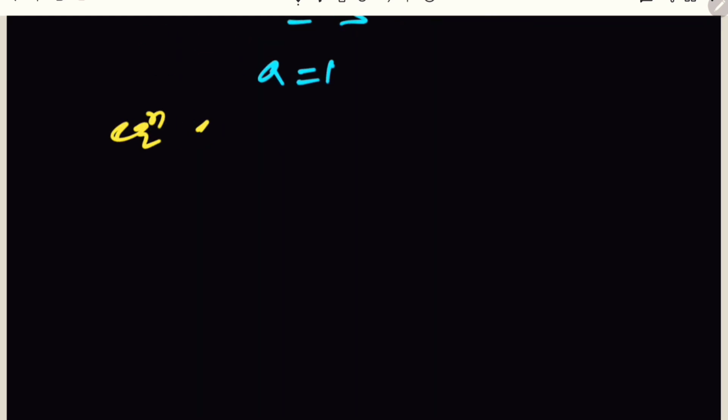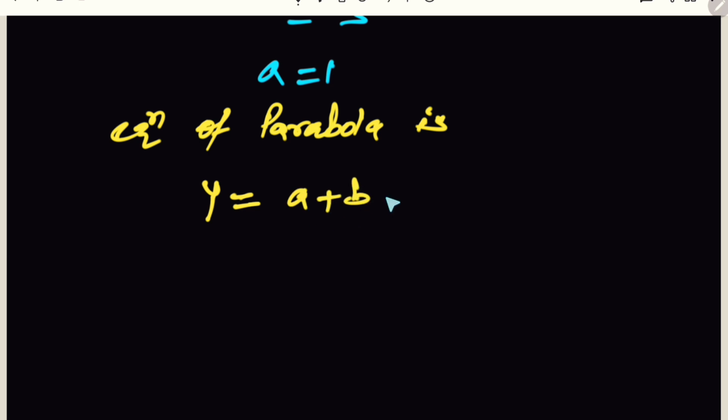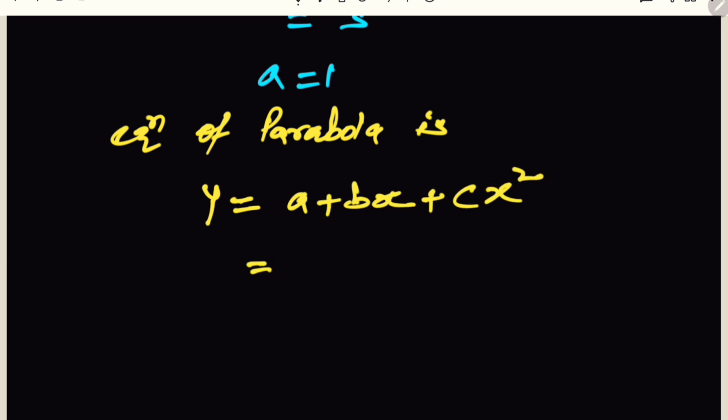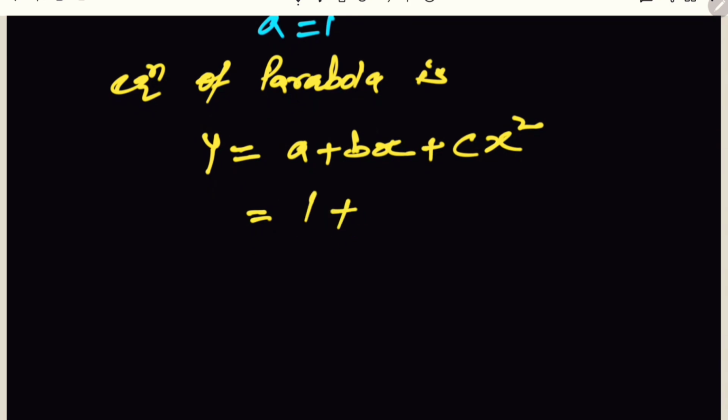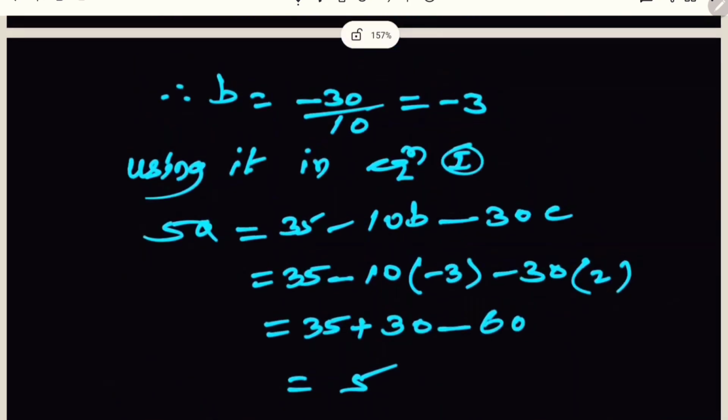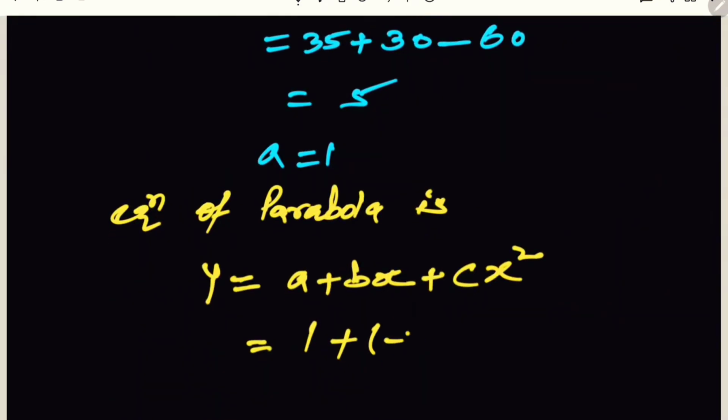And then substituting these values of A, B, C in that equation of the parabola, the non-linear equation y is equal to A plus Bx plus Cx square, we get A as 1, B as minus 3 into x, C as 2 into x square.